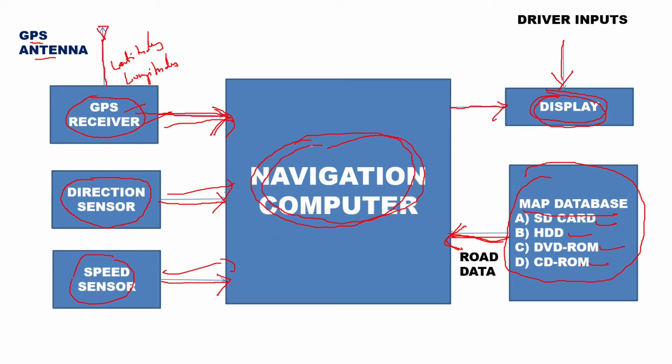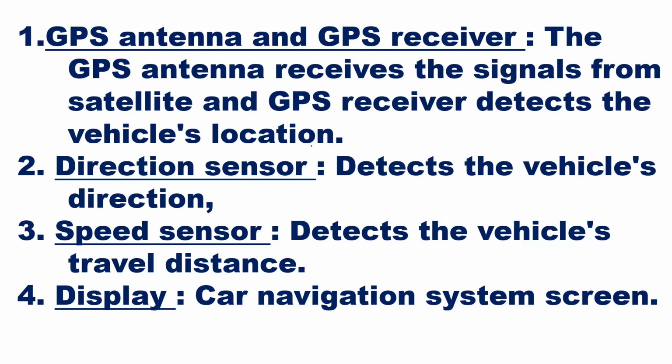You can go to a particular location without anybody's help. On this type of system, a map database is compared with the present location from the GPS receiver, and then you know in which way you are heading and can find the direction, that is navigation. This is how you can locate the position of your vehicle.